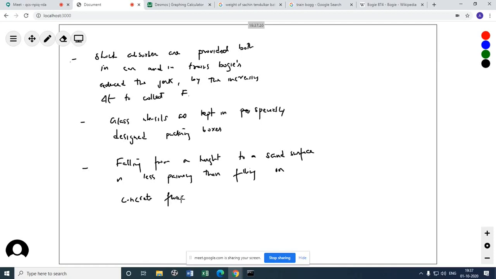Do you agree or not? So it increases the time interval to come to rest. As a result, that huge impact force, that huge impulse force, will get reduced.